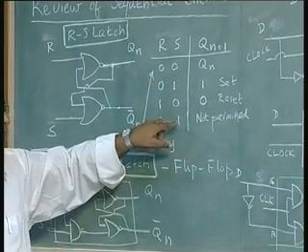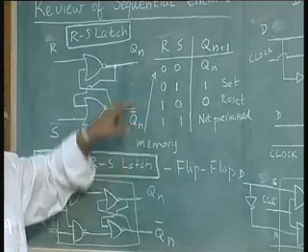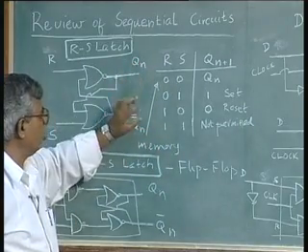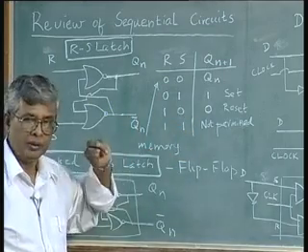First of all, 1 1 will not give you a complementary output. Q and Q bar should be complementary in a flip flop. That will not happen if you put 1 1.